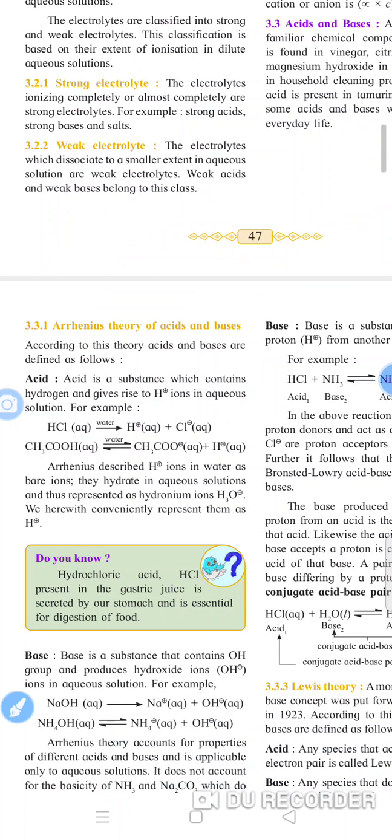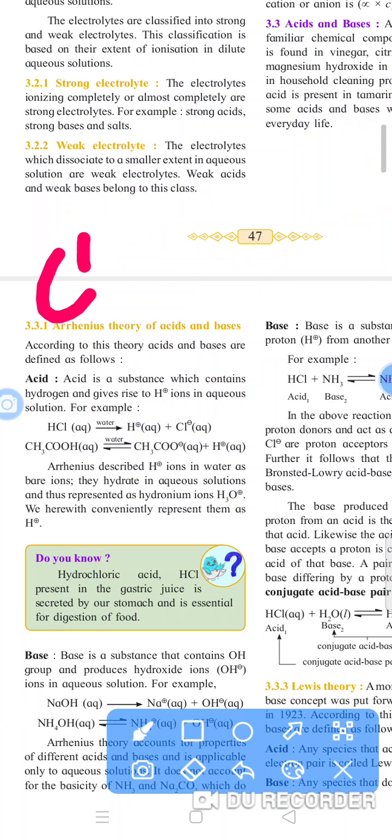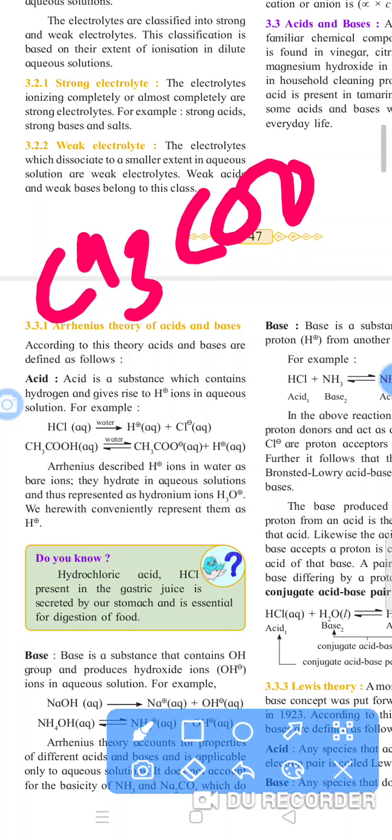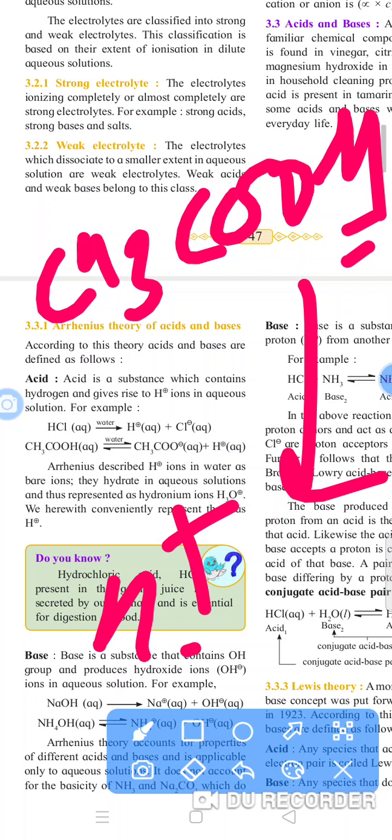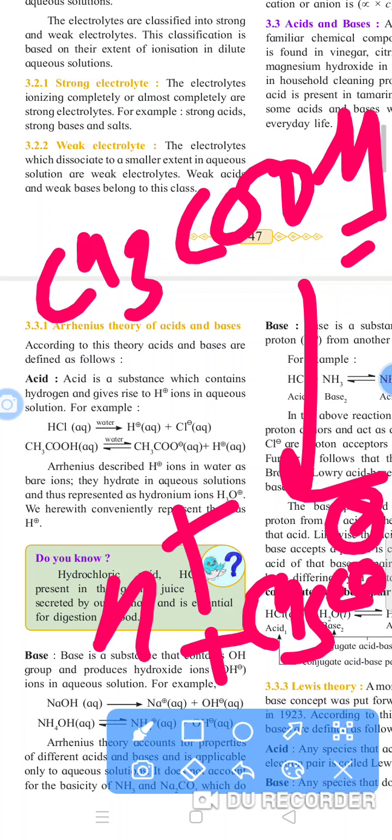For example, acetic acid. This also contains hydrogen, and it gives the H plus ion as a major ion, along with the CH3COO minus ion, so we get H plus ions majorly.